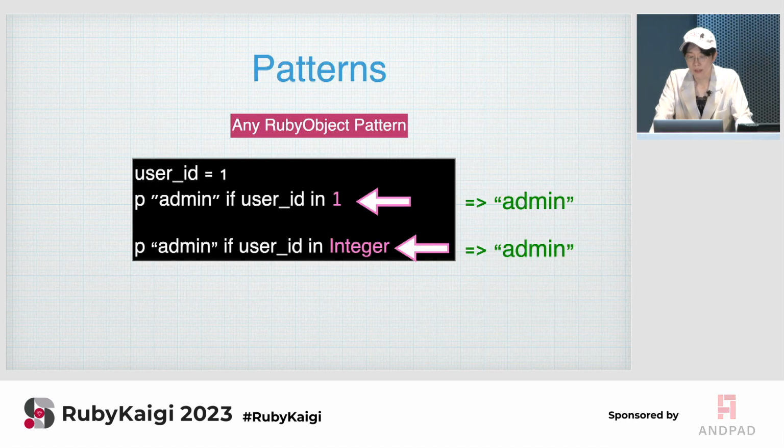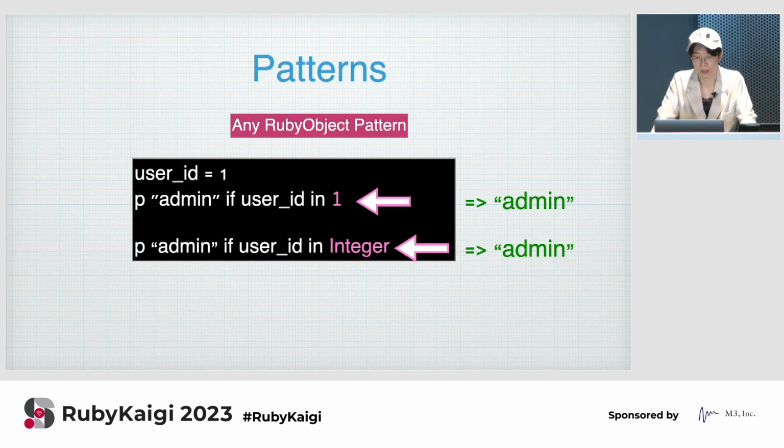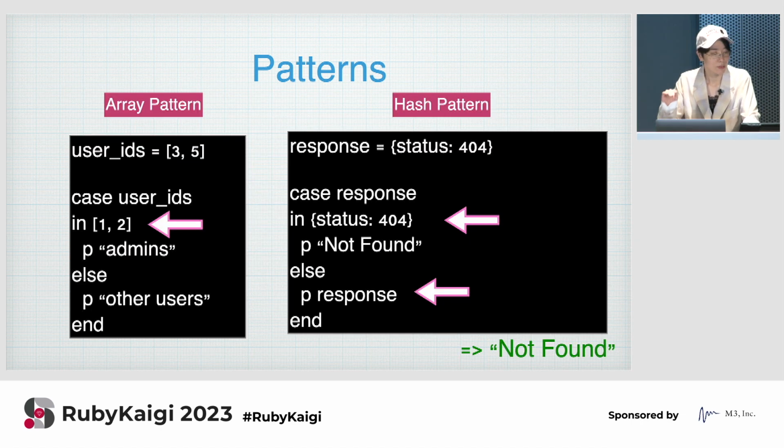As we have seen, there are several pattern types. The first and basic pattern is a Ruby object, like in this example, one or a class. More often used patterns are array patterns and hash patterns. Especially, hash patterns are used in web applications frequently to deconstruct the response of requests and change behaviors depending on the content of the response.